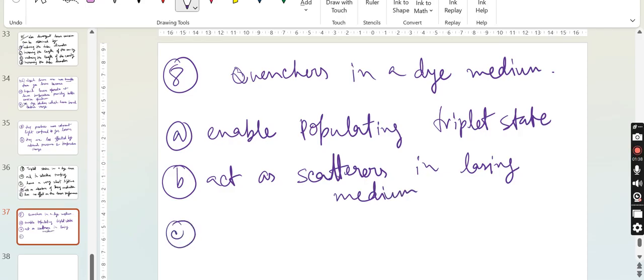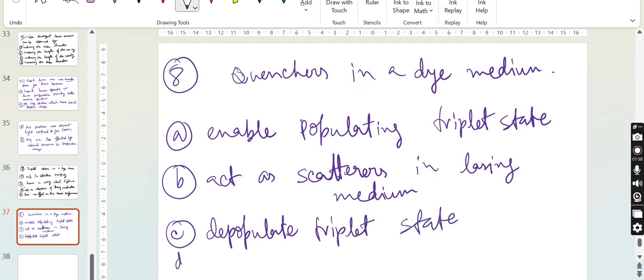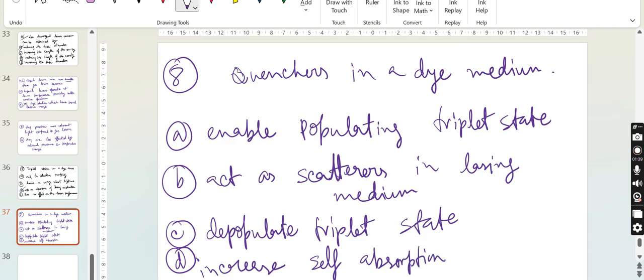C, depopulate triplet state. D, increase self-absorption of laser emission. Why would we increase self-absorption? So the answer is depopulate triplet state.